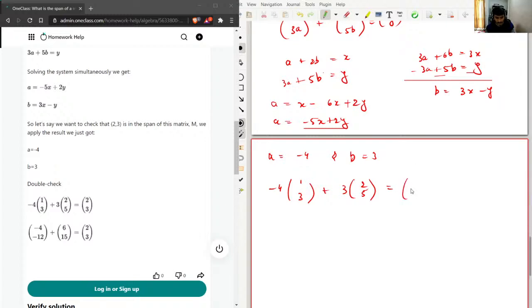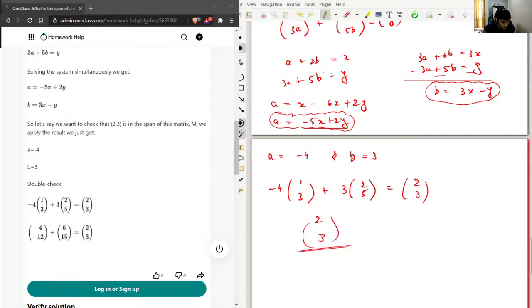For 2 and 3, we'll keep the values in these equations, and we'll check whether on the left-hand side we get 2 and 3 or not. So this will be -4, and 3 times 2 is 6, so 2; then -12 and 15. So 15 minus 12 will be 3, yes.